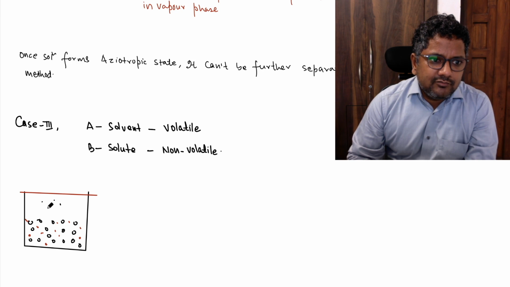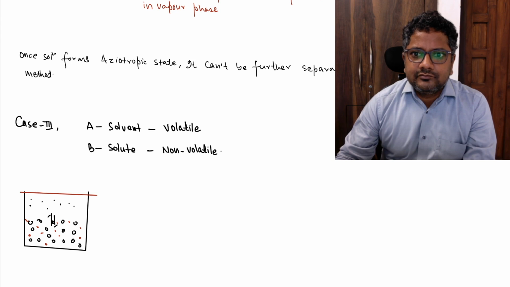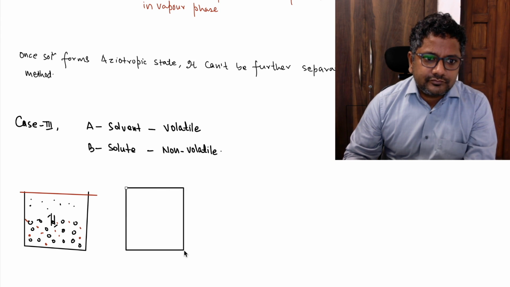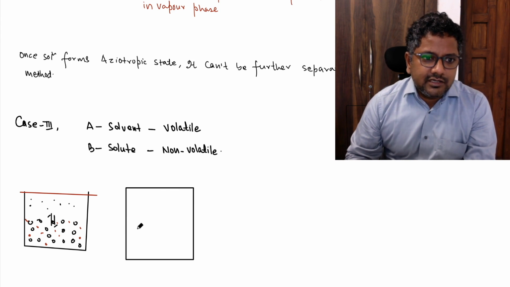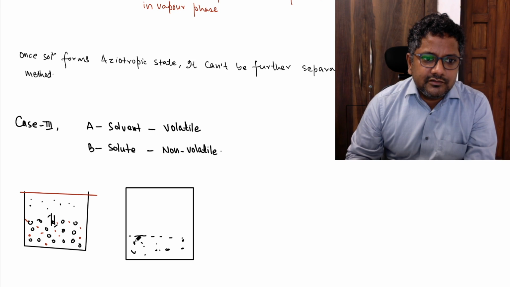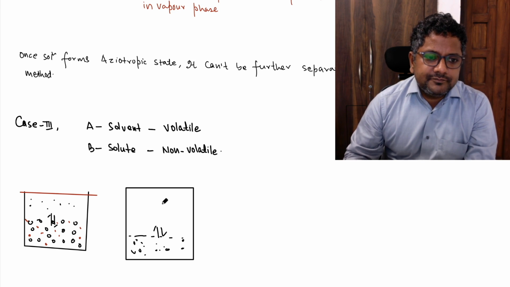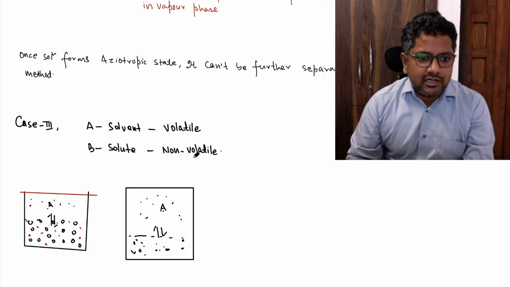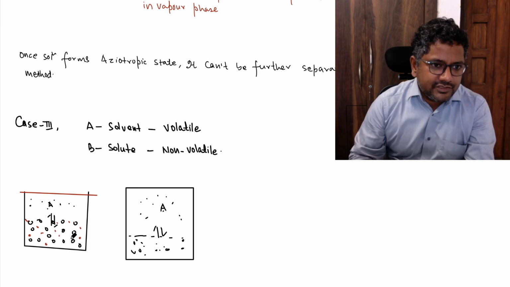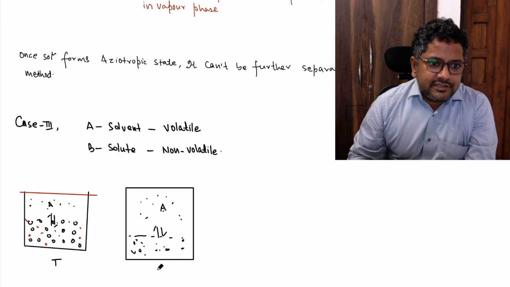Only the volatile component molecule will go in the vapor phase. So if you compare this with the pure solvent, suppose we have taken pure solvent here, in the vapor phase there is only A molecule, here also only A molecule. B is non-volatile, so B will not be there in the vapor phase. And both were kept at the same temperature.